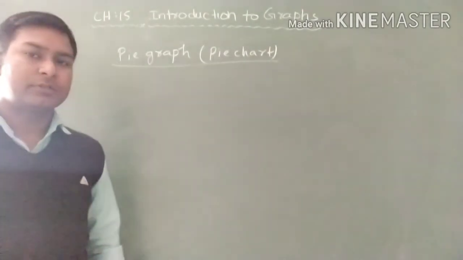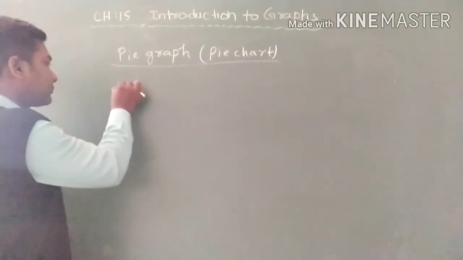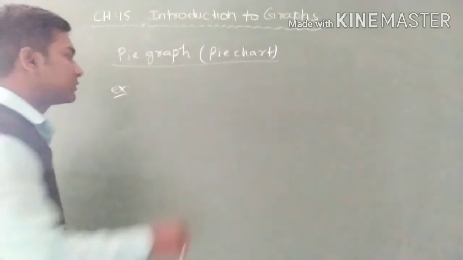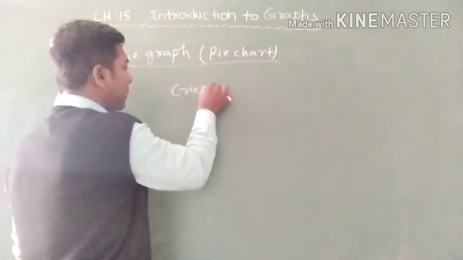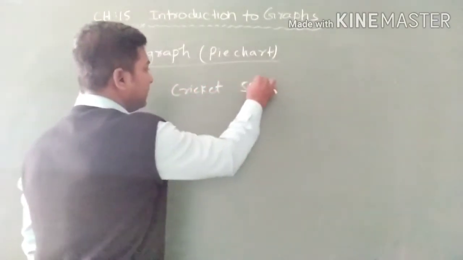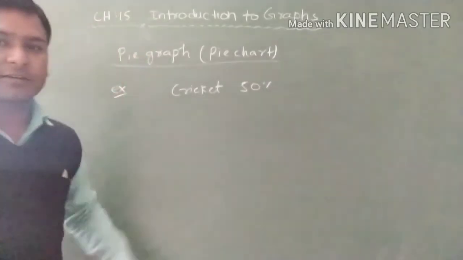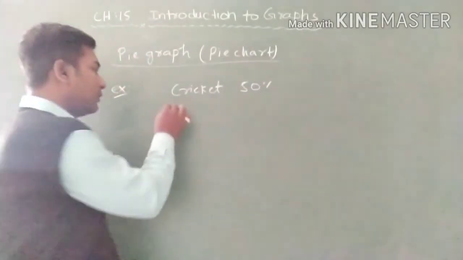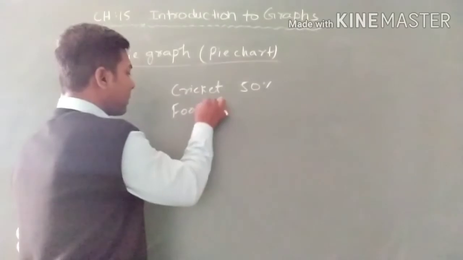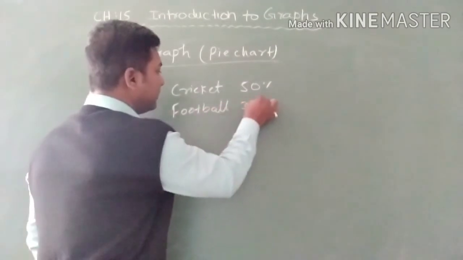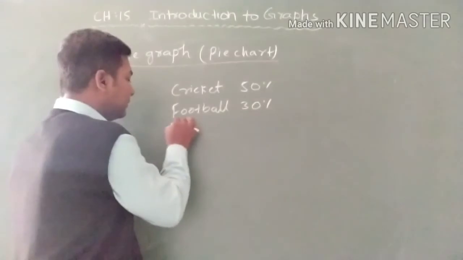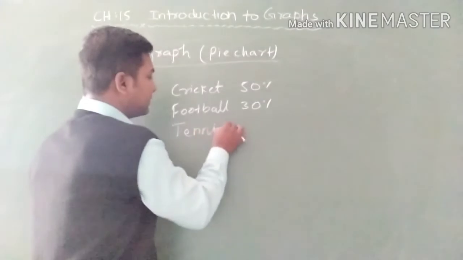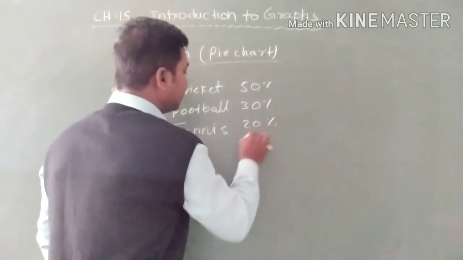Okay, so let's suppose here I am taking an example. Let's suppose 50% students like cricket, 30% students like football, and let's suppose 20% students like tennis.